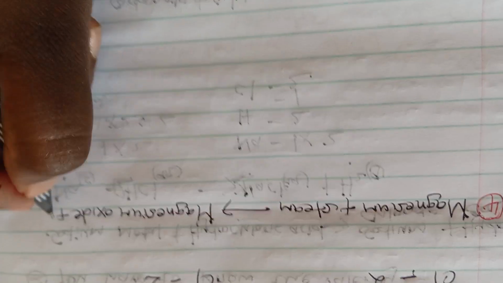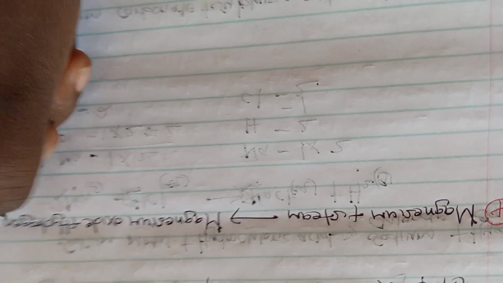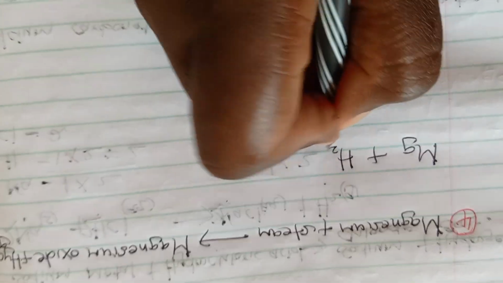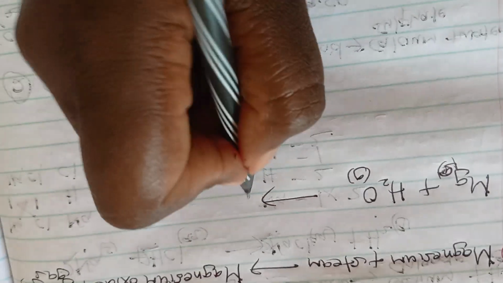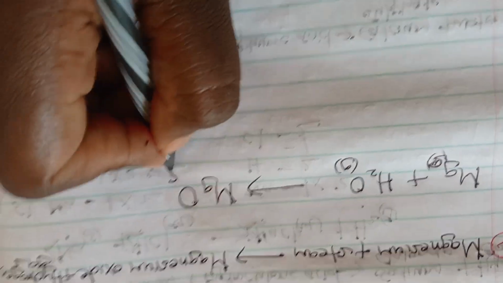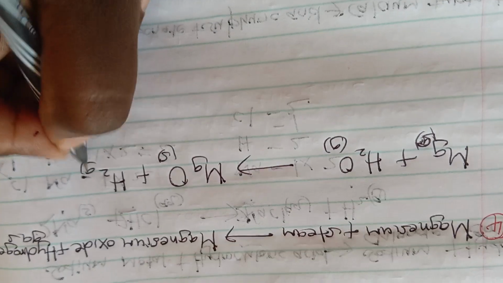Magnesium oxide plus hydrogen gas. So magnesium is Mg, plus steam is just water H2O, but in gaseous form. Mg is a solid. It will give you magnesium oxide, MgO. You write the chemical formula, it's a solid, plus hydrogen gas, which is H2 gas.